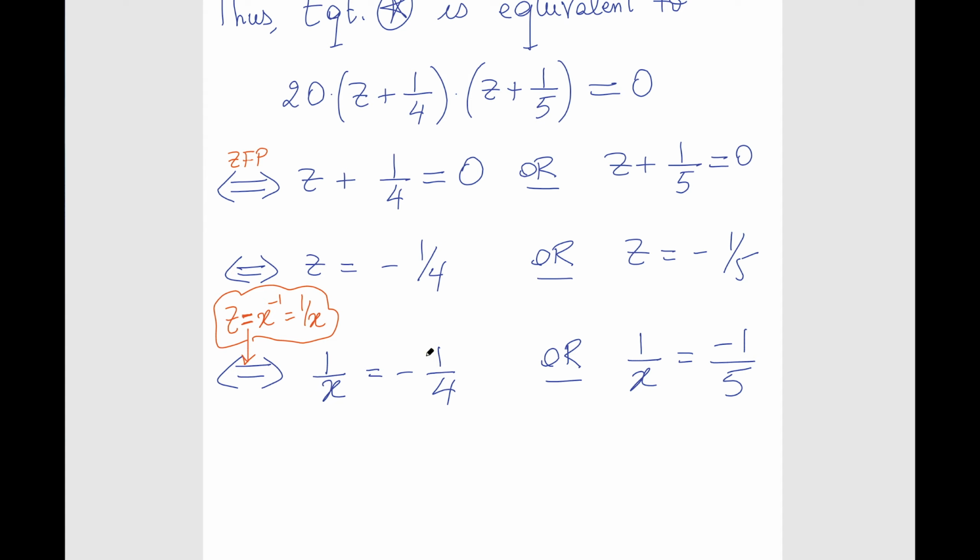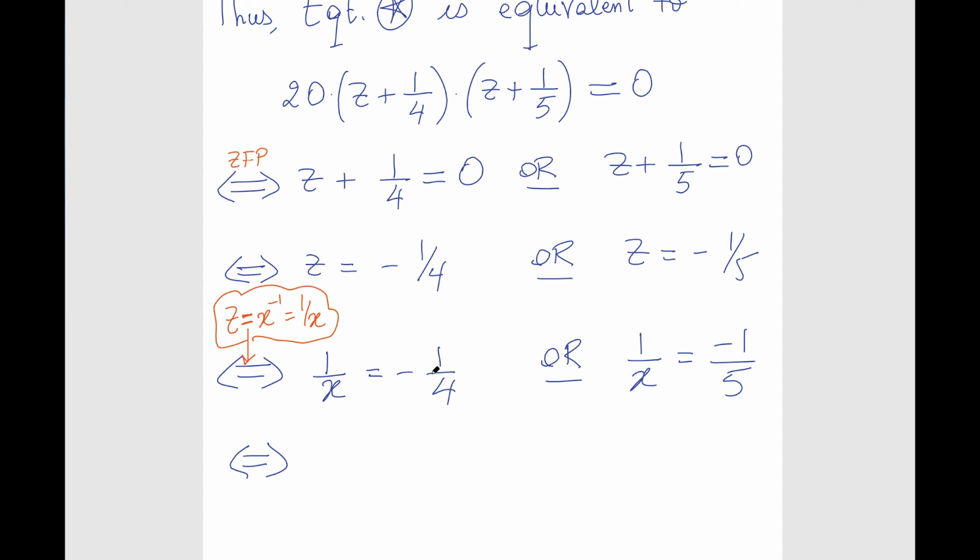Okay, now I want to solve for x. Well, you can cross multiply, you can multiply by 4x both sides here. You can do whatever you want, but it's sort of self-explanatory. Look, the reciprocal of x is, what's this?